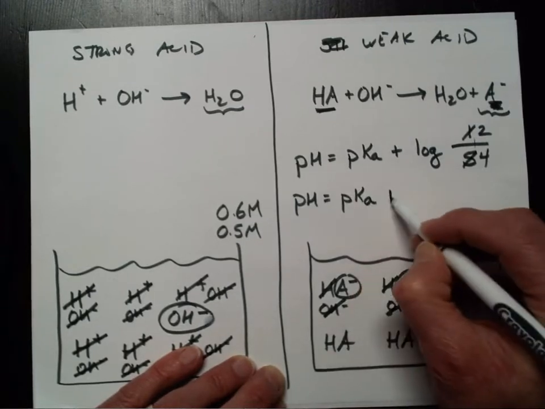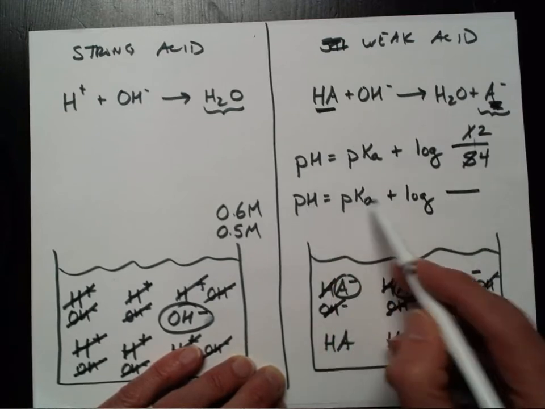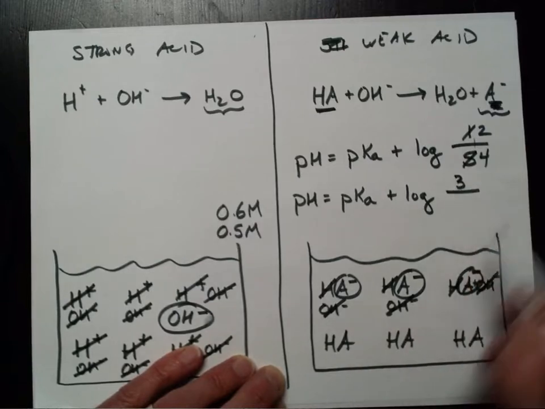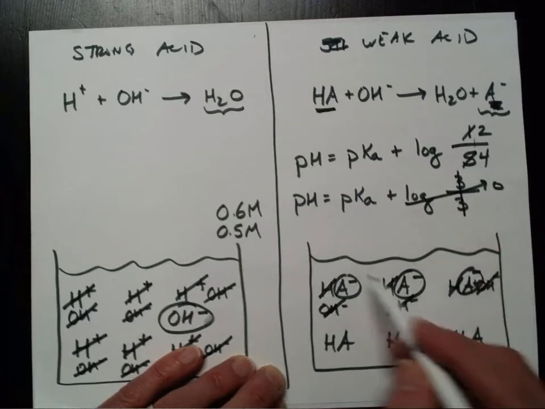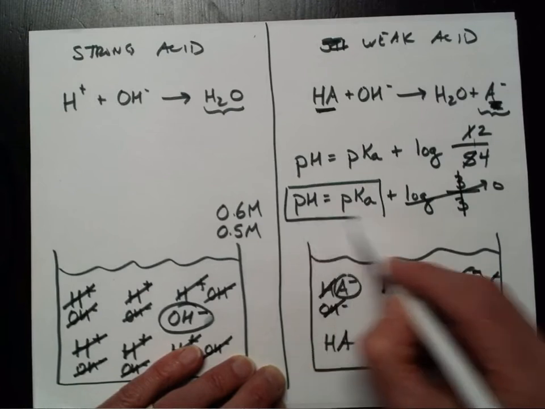It's a special place because at this place we see that we have the pH is the pKa plus the log of 3 conjugate bases over 3 conjugate acids. The log of 1 is 0. So at the half equivalence point, the pH is the pKa.